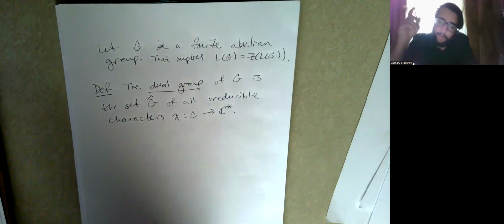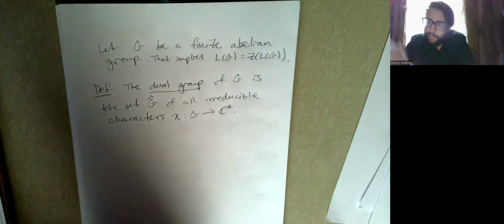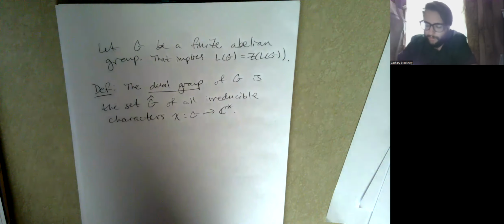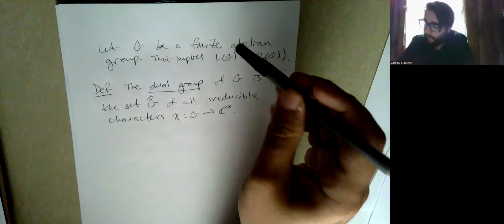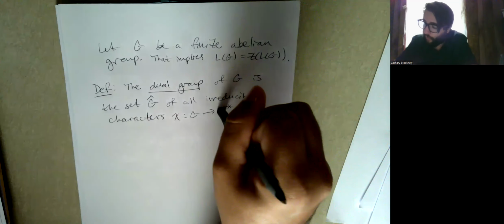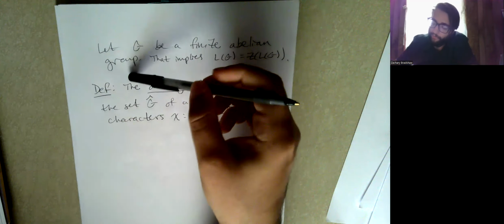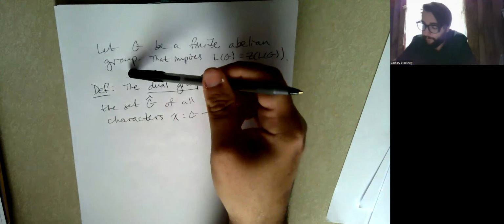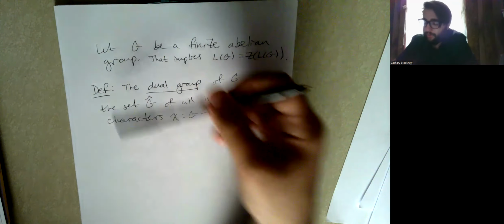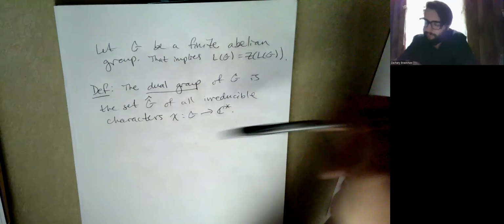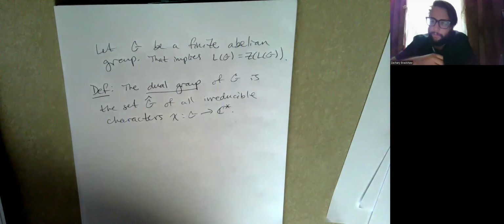So remember, an irreducible character is just the character of an irreducible representation. That's what the definition of irreducible character is. For finite abelian groups, remember we showed that the degree of an irreducible representation is always 1. And whenever the degree of an irreducible representation is 1, well, the character just turns out to be the representation. And so that's why we have this C star here.